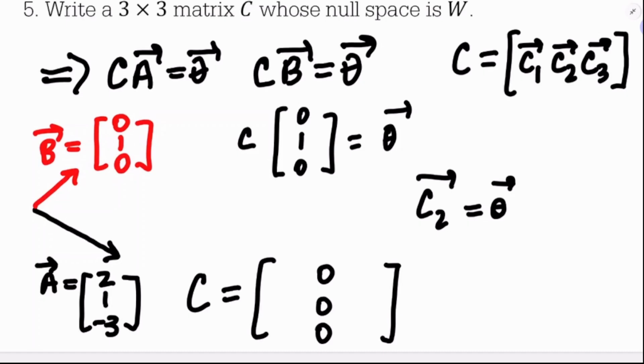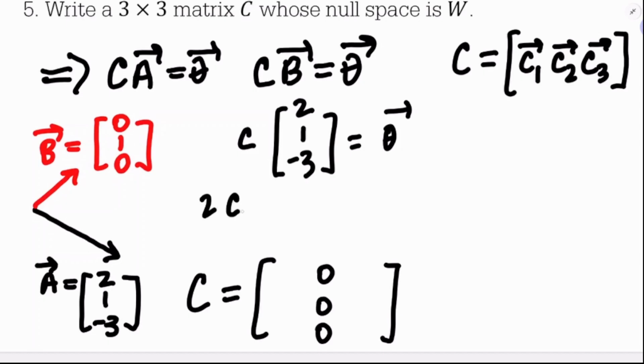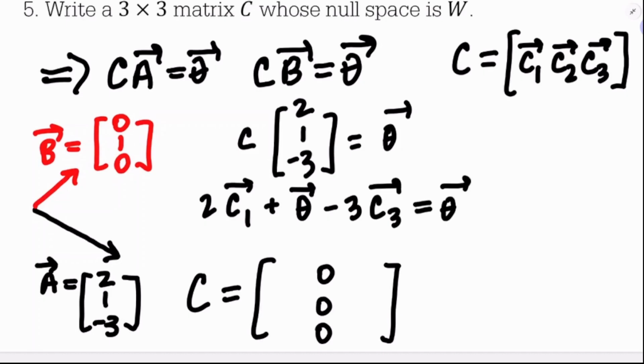But then I can apply the same principle to CA, right? If CA is equal to 0, C times 2, 1, negative 3 is equal to the 0 vector. Then 2 of C1 plus 1 of C2, but I already know that C2 is the 0 vector, so I'm going to write that in there, minus 3 of C3, that's going to equal 0.